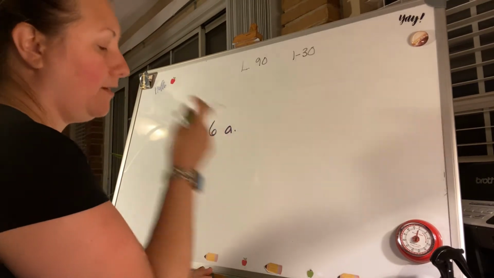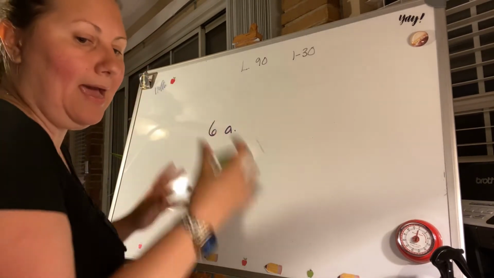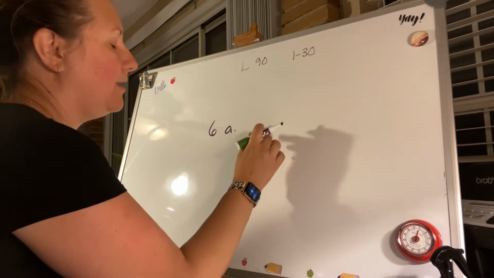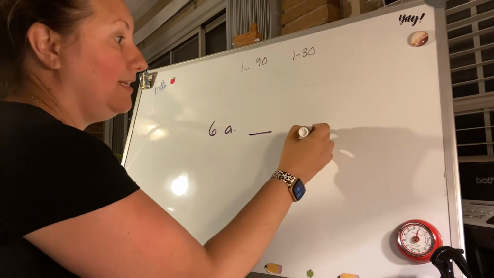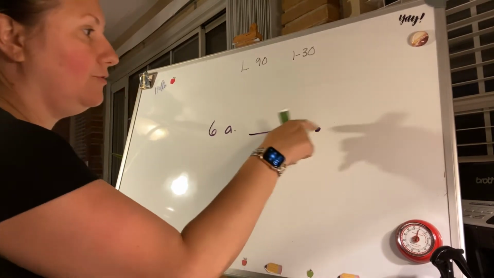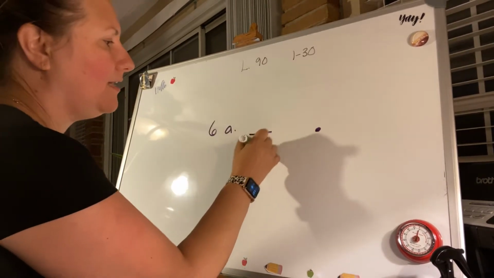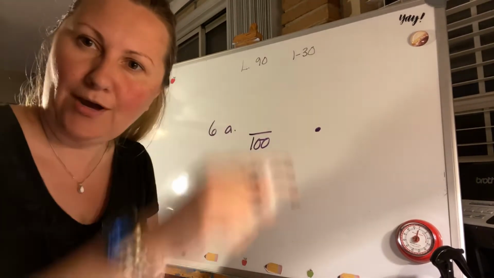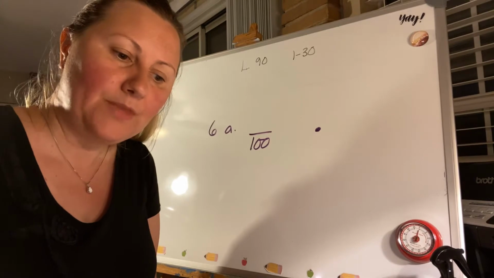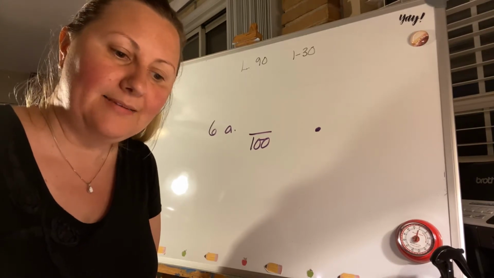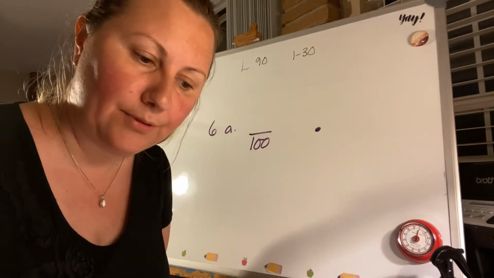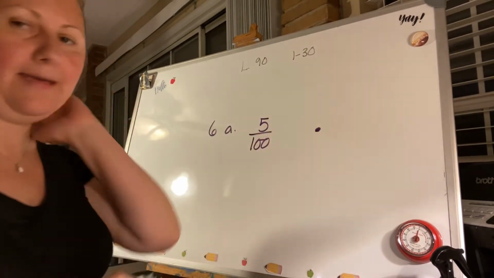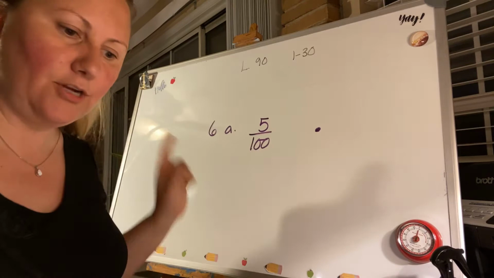Well, first of all, we need to know how many boxes there are. I know that you need a decimal number. That's true, so I'll put the decimal, but think that there's 100 boxes, 10 across the top, 10 across the side. That makes 100. And how many are shaded blue? 5 of them are shaded blue. Okay, so that's the easiest way to get started.